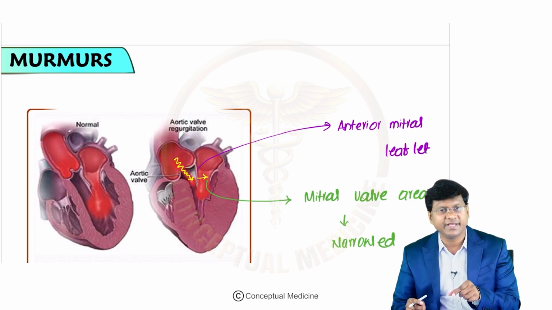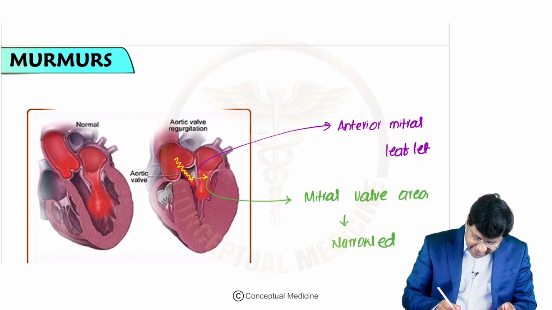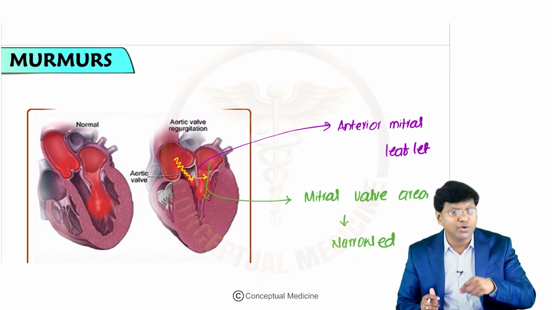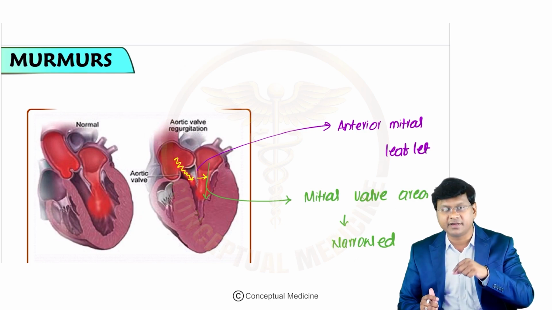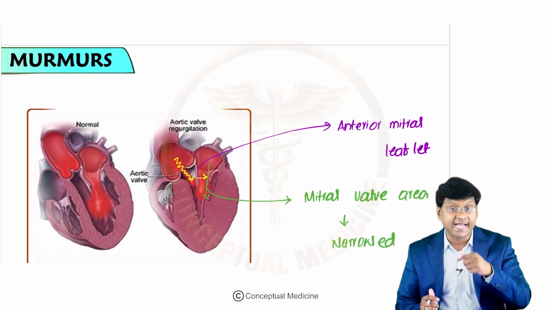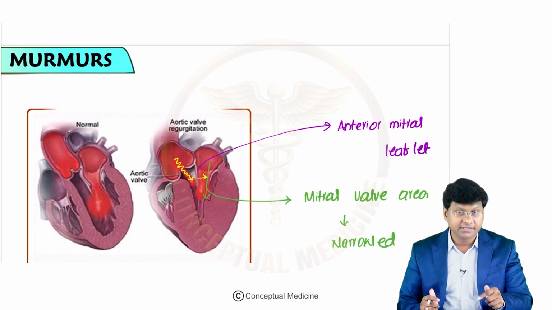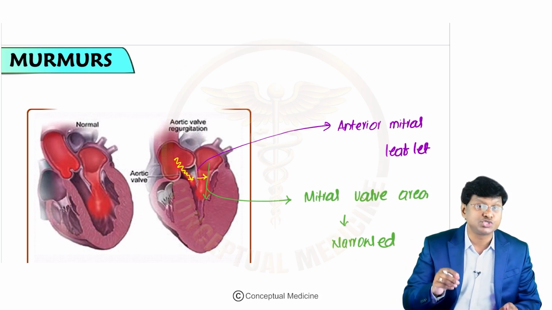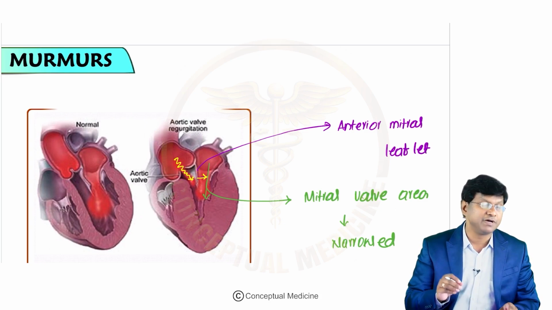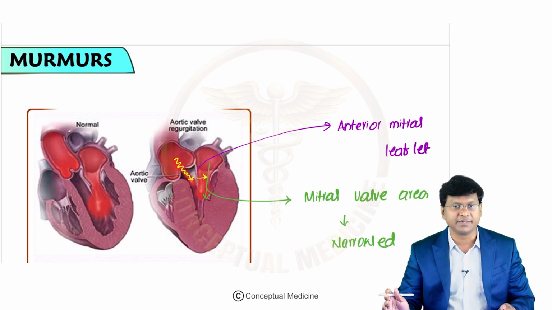So when the mitral valve area is narrowed, the blood from the left atrium enters into the left ventricle across the narrowed area during the left ventricular diastole, and thereby you will get an additional murmur, which is a soft pitched murmur, and it's a delayed diastolic murmur, right?